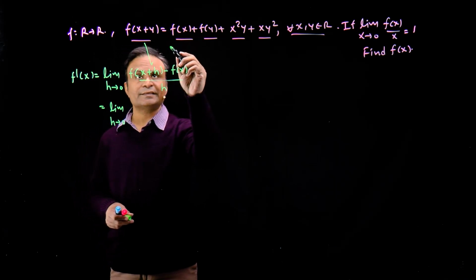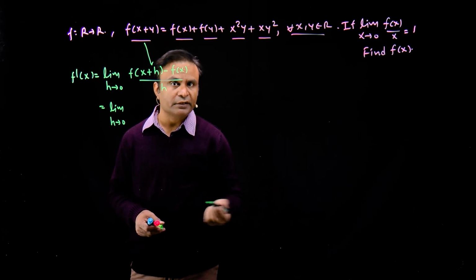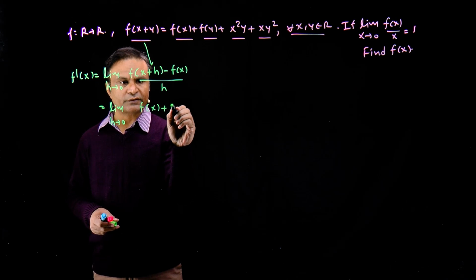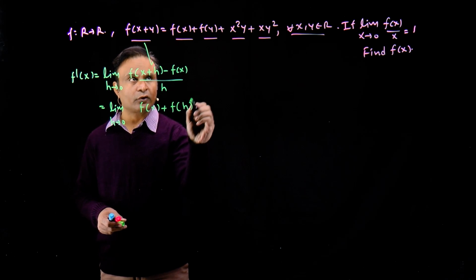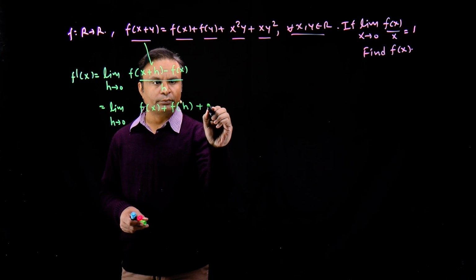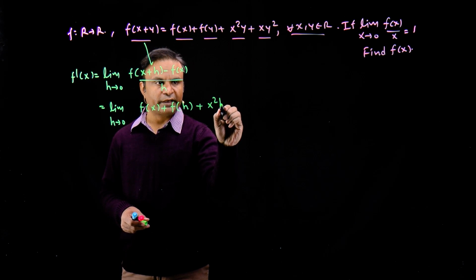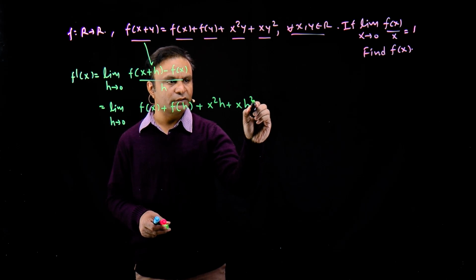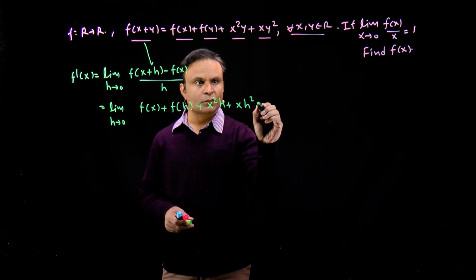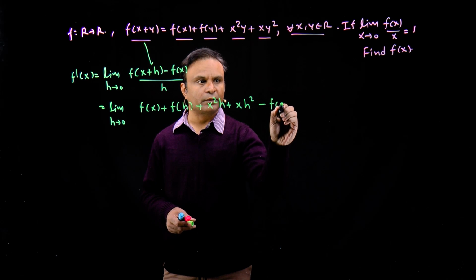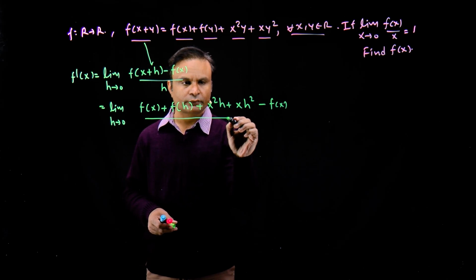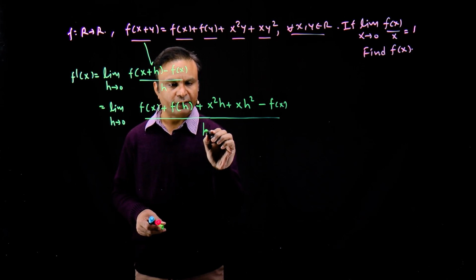The only change is we have h in place of y. So this is f(x) + f(h) + x²h + xh² − f(x), divided by h.